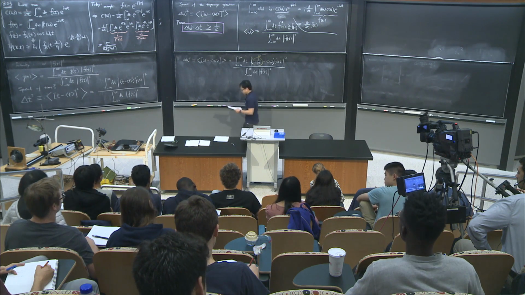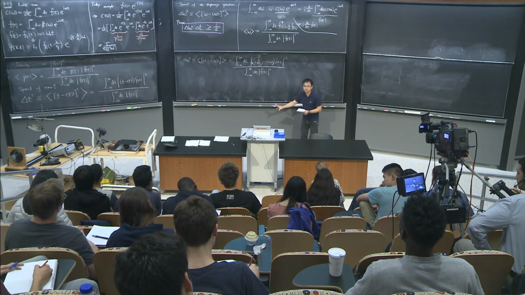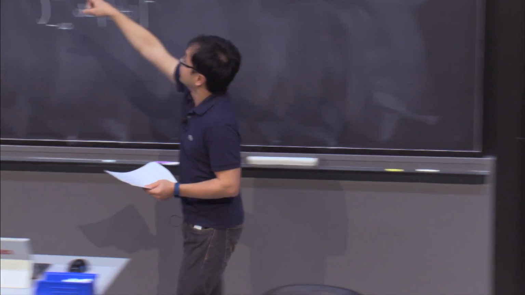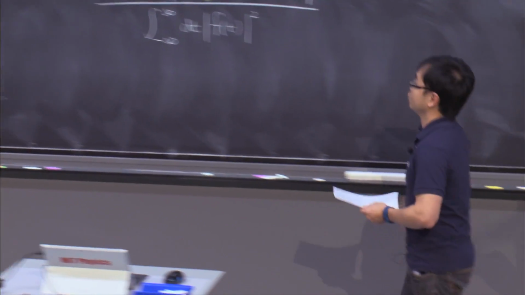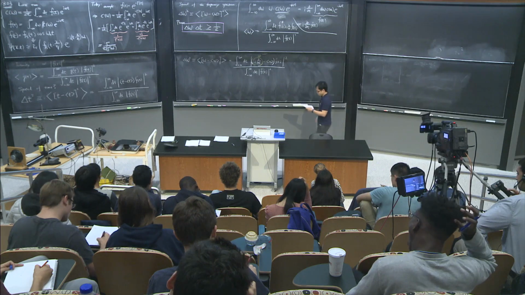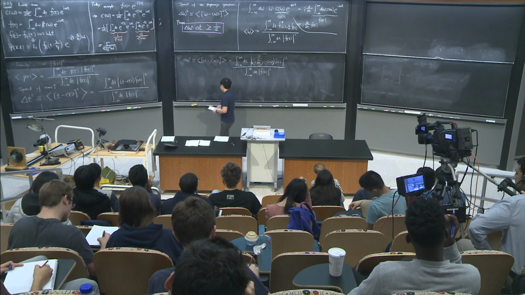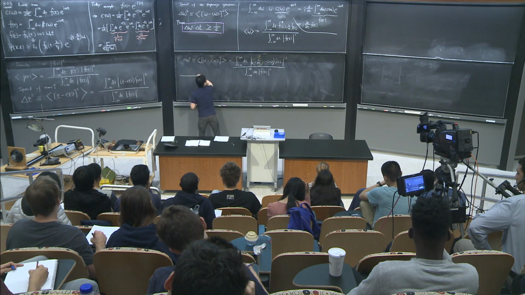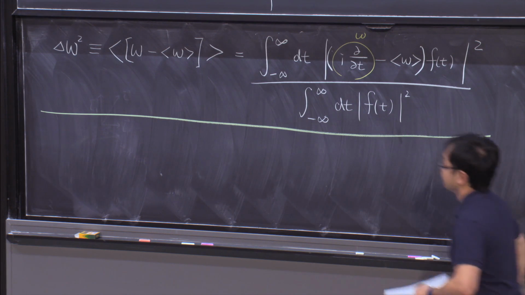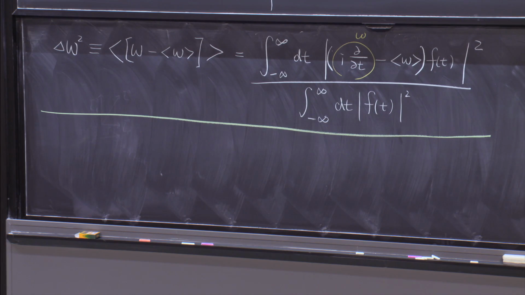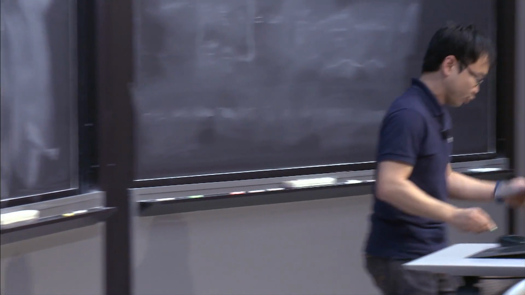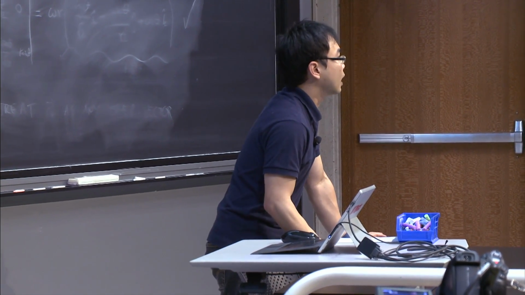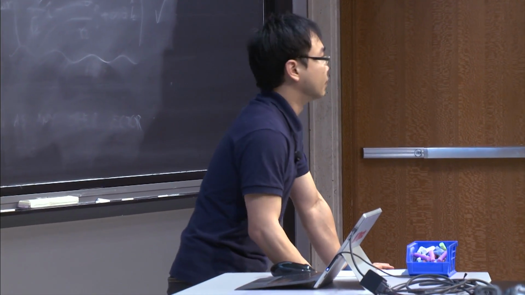All right, so now you can see that I have the definition in my hand. And I'm almost there to show you that delta omega times delta t is going to be greater than or equal to 1 over 2. Okay? And what I'm going to do after this, maybe you will be even more mad at me, is to use exactly the same trick which is used to show the Heisenberg uncertainty principle in quantum mechanics.